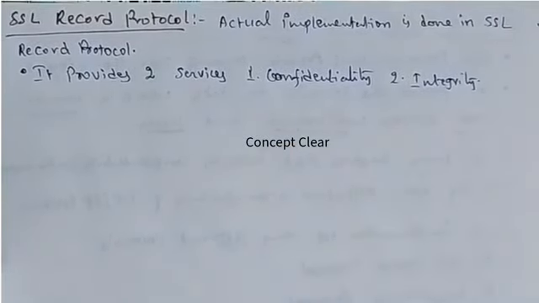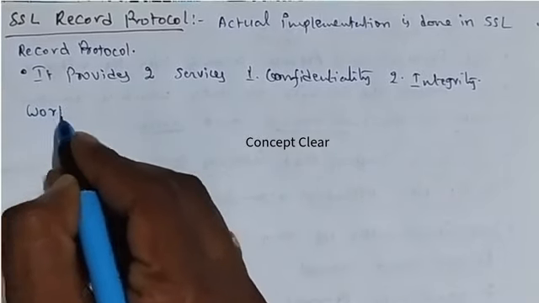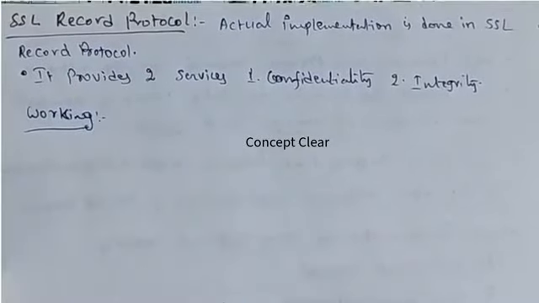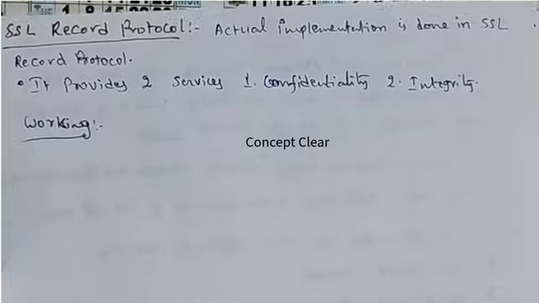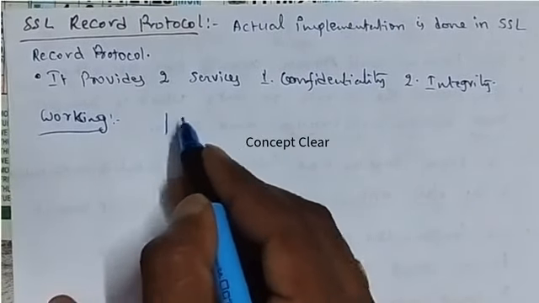Okay, here it will follow several steps. What is the first step? The first step, it will take application data. Here we have a diagram, the working procedure. Okay, first here we have a data.